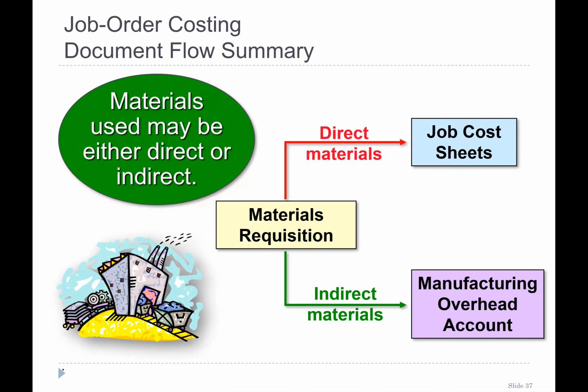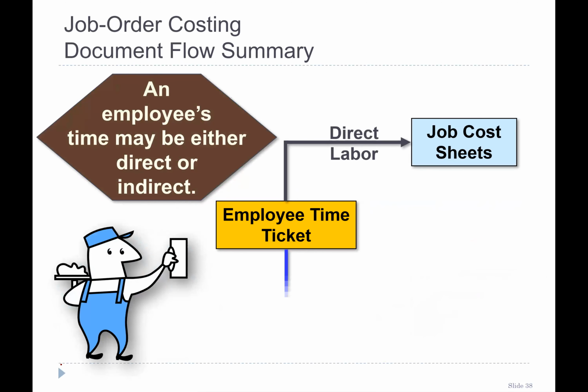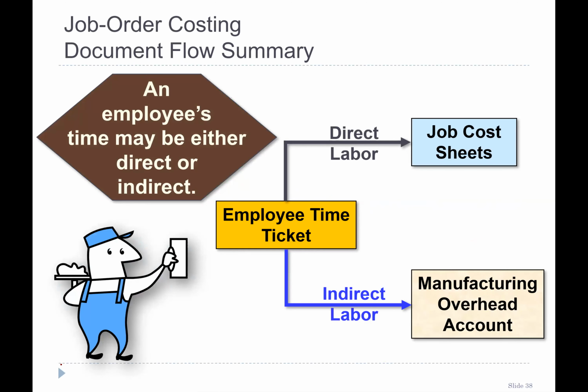So when it comes to production, a materials requisition form is issued. The direct material goes directly to the job order cost sheet, easy, and indirect material is recorded in manufacturing overhead. Similarly, the direct labor is counted through the employee time ticket.